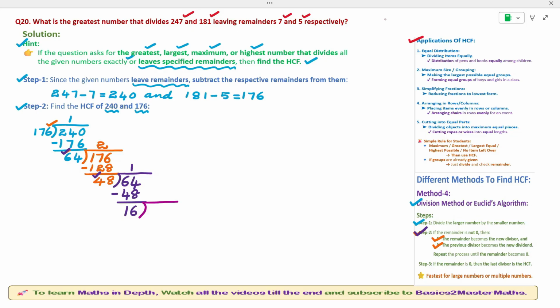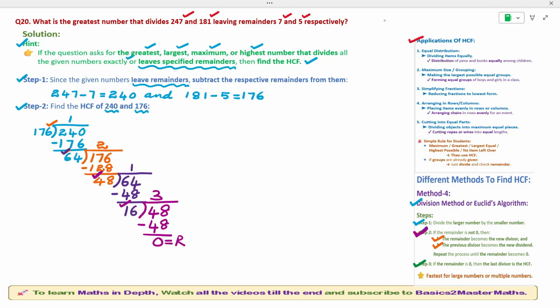Since the remainder is not 0, repeat step 2 again. In this case, 16 becomes the new divisor and 48 becomes the new dividend. When we divide 48 by 16, we get 3 as the quotient and 0 as the remainder.